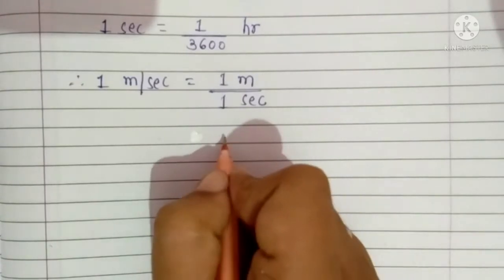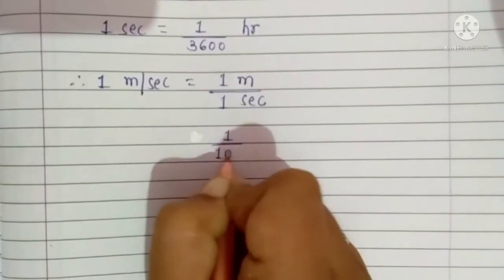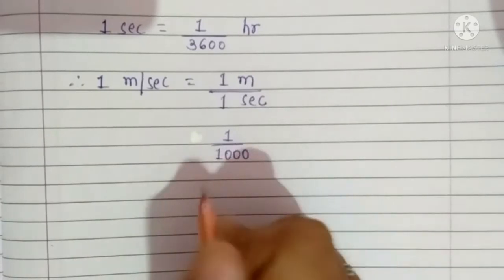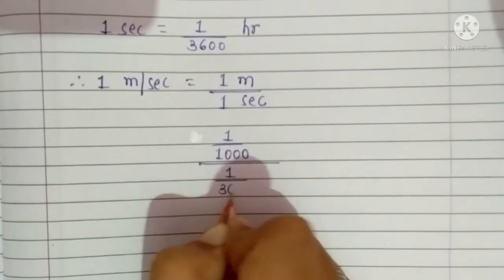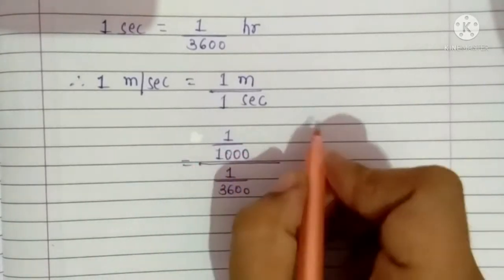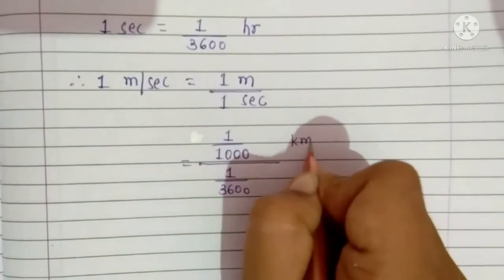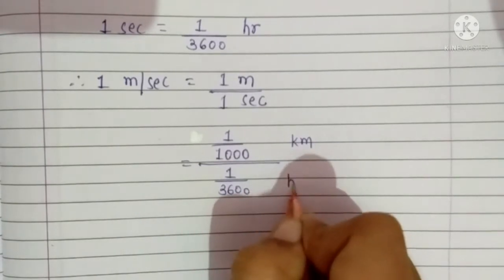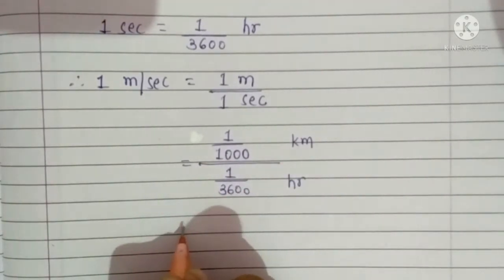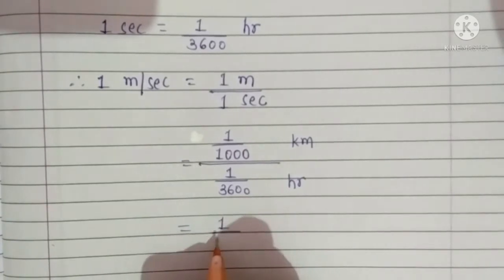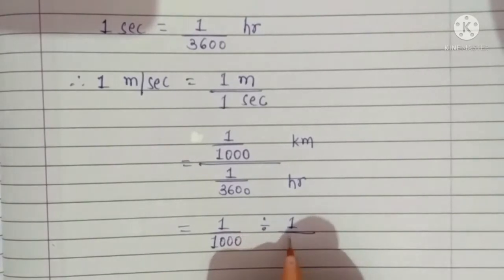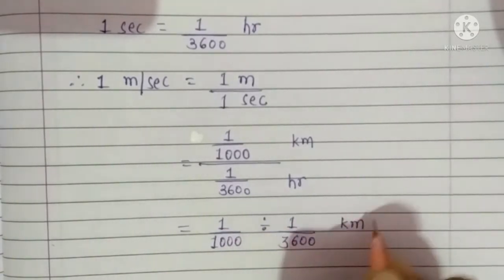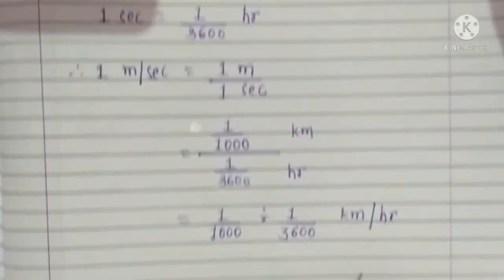We get 1 upon 1000 divided by 1 upon 3600, and this is equal to 1 upon 1000 divided by 1 upon 3600 kilometer per hour.